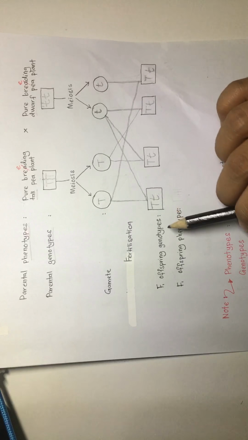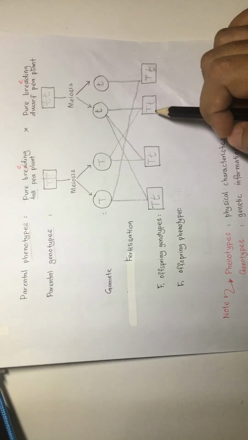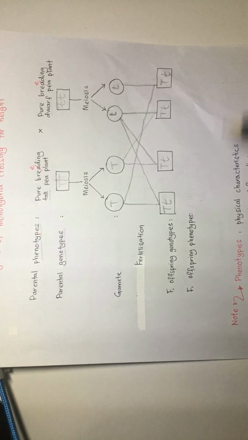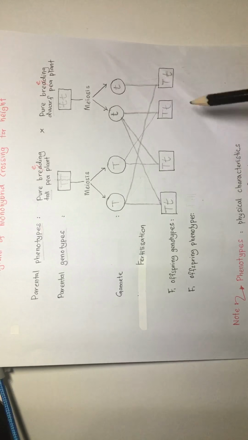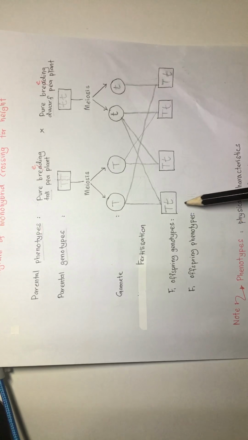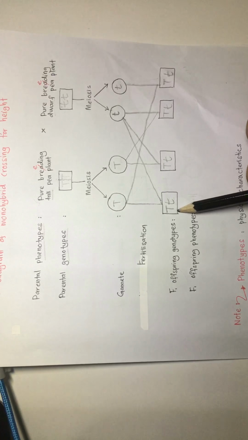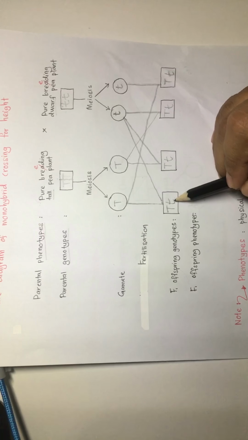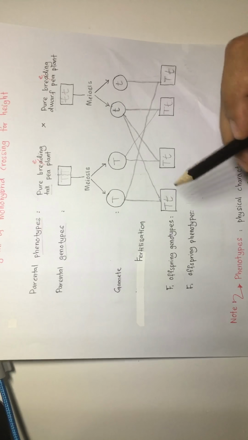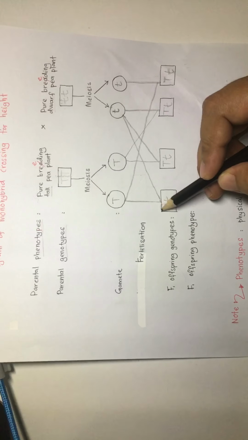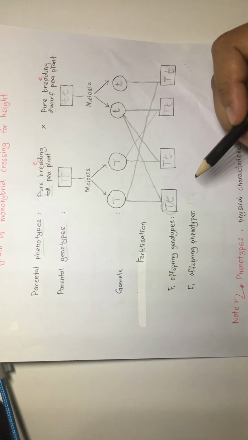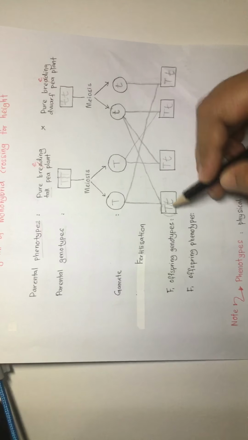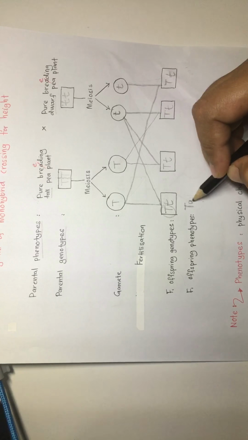Now we have the offspring genotypes, the genotypes for the new individuals, the daughter plants or offspring, and now you need to identify the phenotypes based on the genes here. Here we have dominant and recessive, capital and small letters. Because here we have one dominant trait, it will show the dominant characteristic, which is tall.